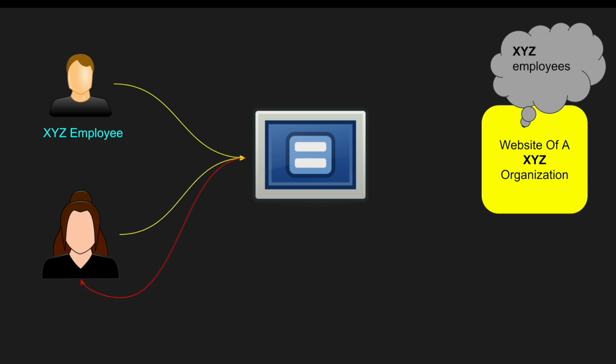But the XYZ employee has access to this website because he is part of the XYZ organization and he has a valid username and password. So his request will be accepted by the XYZ organization website, and he will get the response with the file.